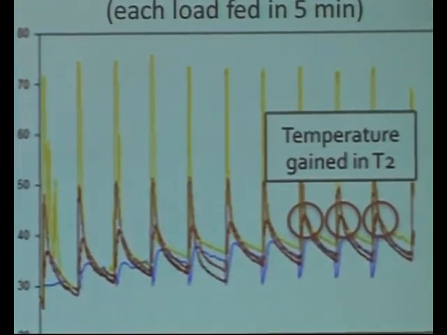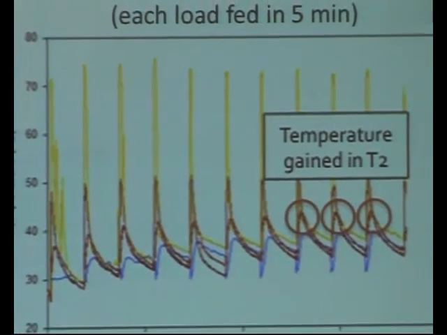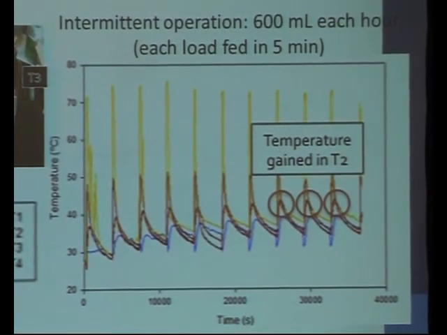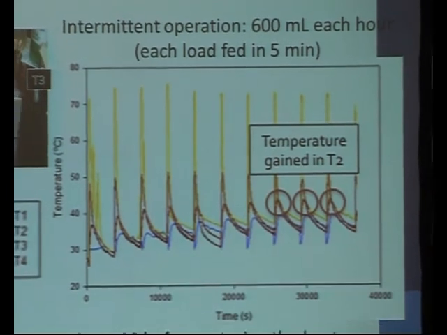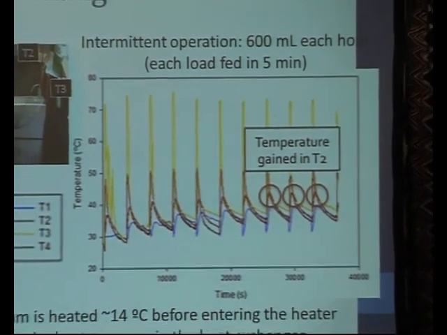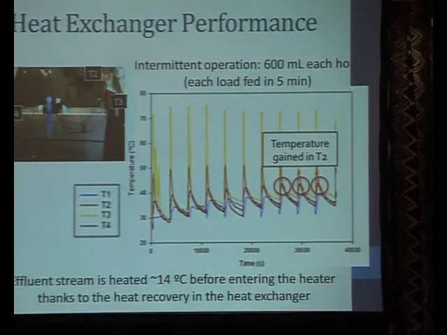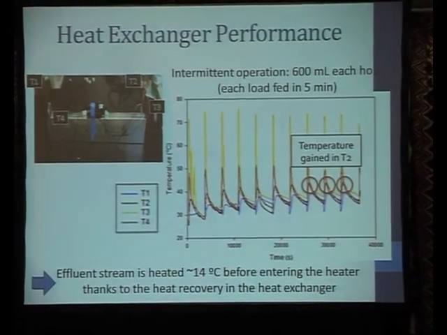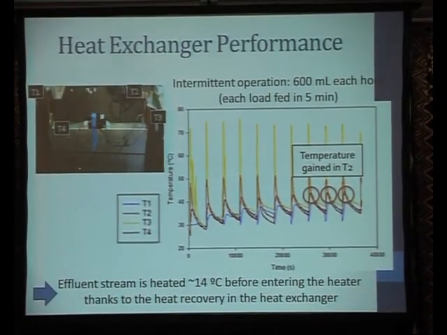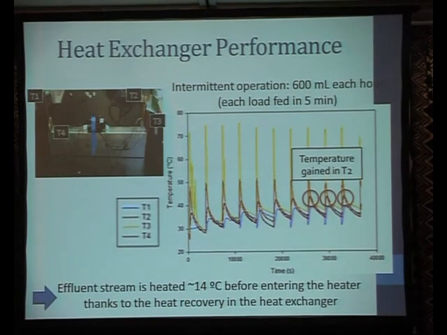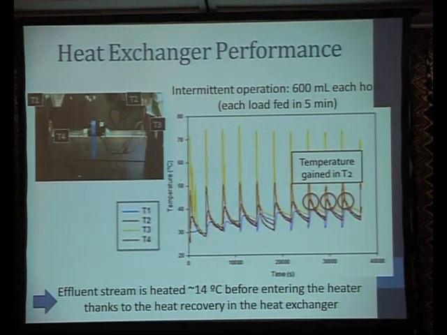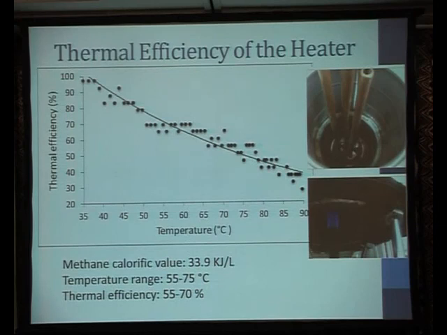It may not seem a lot, but that's about a third of the power that we need to heat the effluent from the digester. And that's a significant heat recovery. And the temperatures that would then enter the heater are the temperatures that are circled in red.